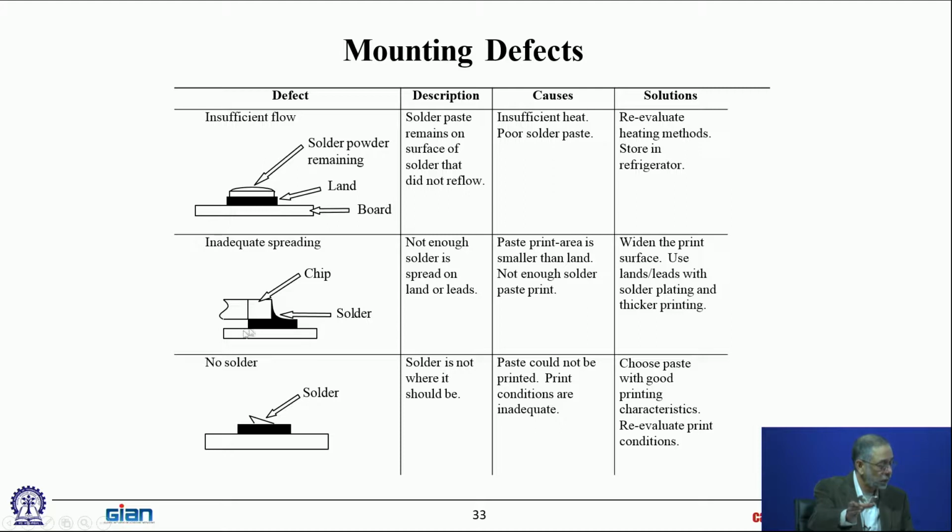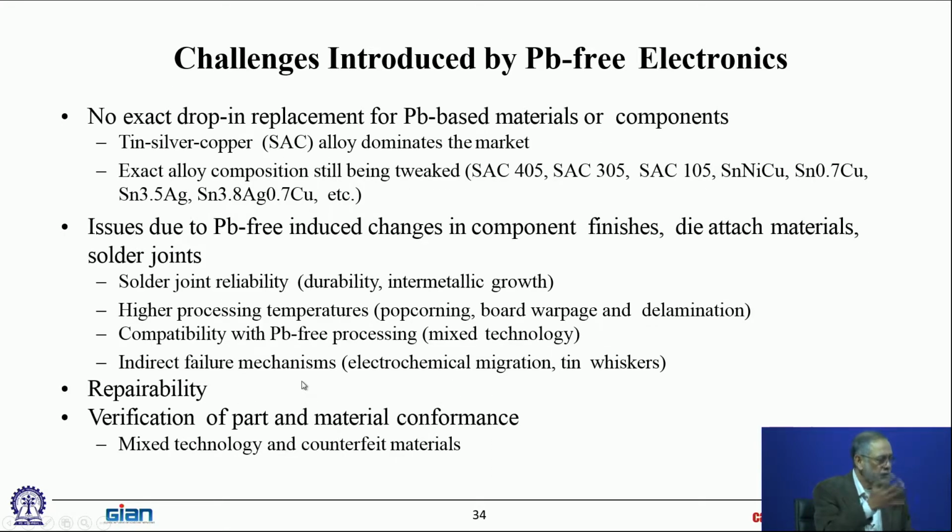It should have then wetted that surface. It didn't, okay? And then sometimes you may have skips. During the print process, if your stencil got clogged, you don't get solder on some of the pads, and then you have solder skips. Okay, so there are a variety of defects. I'm sure you've seen every possible defect in your time on the line, right?